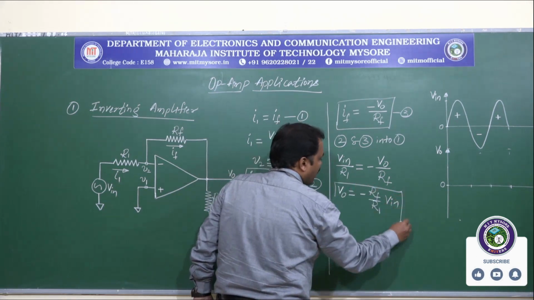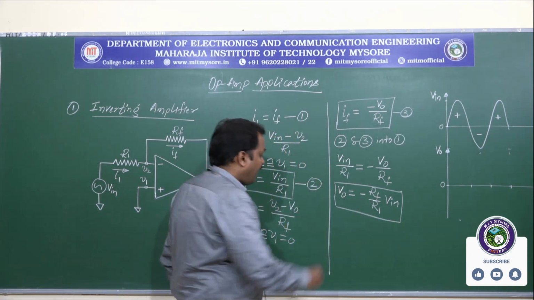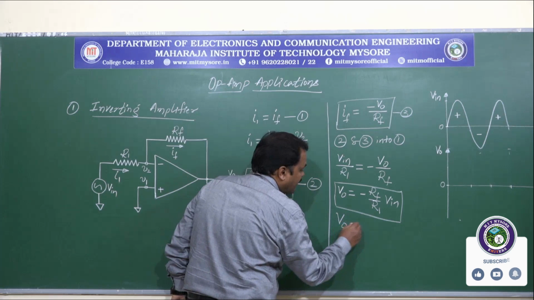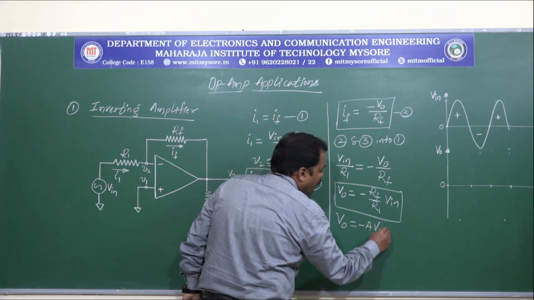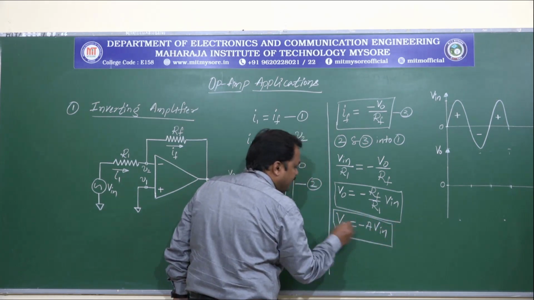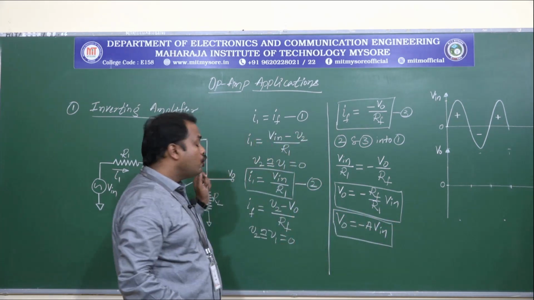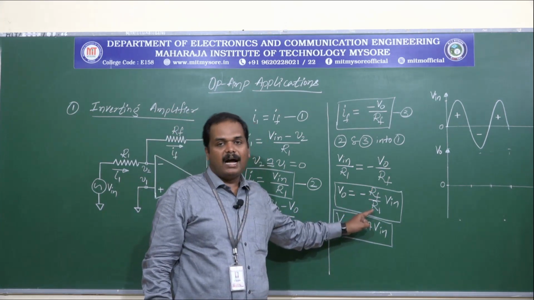So this is the expression for the output voltage. The same thing can also be written as V0 is equal to minus A into Vin, where A represents the closed loop voltage gain, which is given by RF by R1.